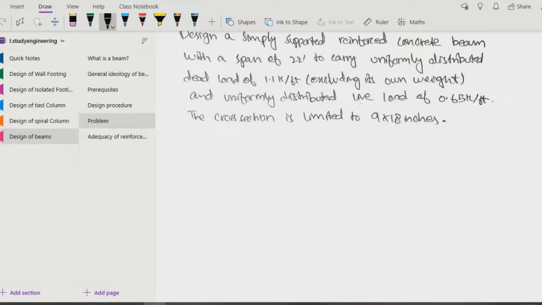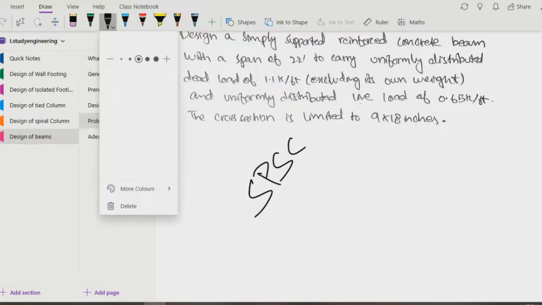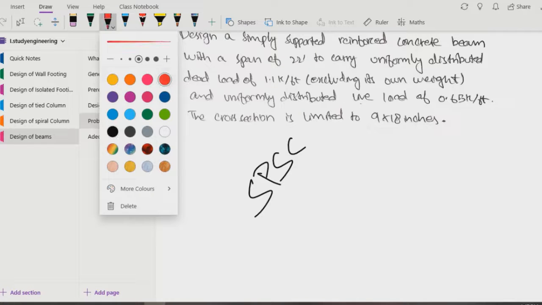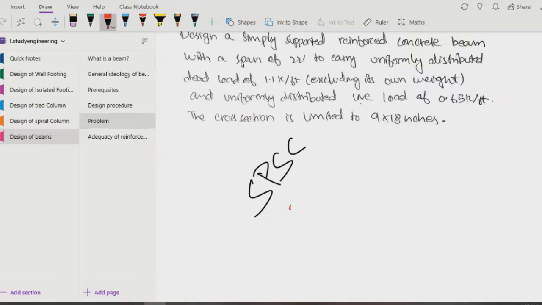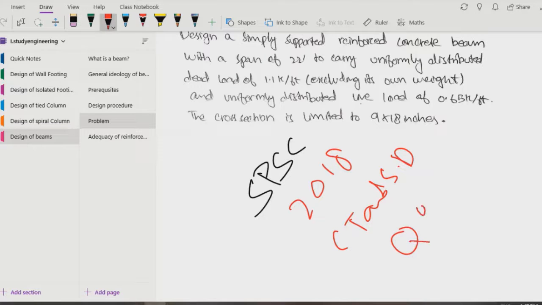This question is taken from a past paper of SPSC paper 2018, concrete technology and structure design, question number 6.